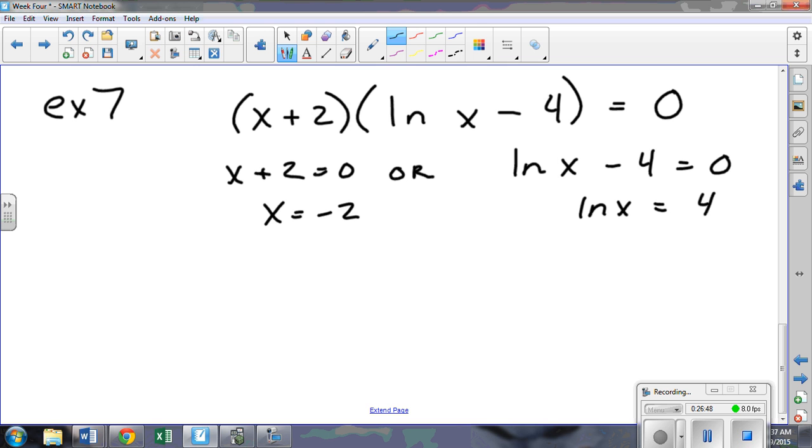And I'm wondering, do you remember how to get rid of the natural log? Do you remember how to undo natural logs? Which is just saying, what is the inverse operation to natural log? Well, if you don't remember that, here's a theorem. Natural log of x is equal to a constant if and only if this is an equivalent form.